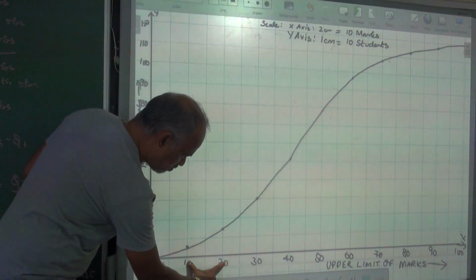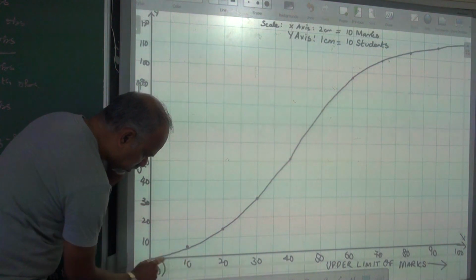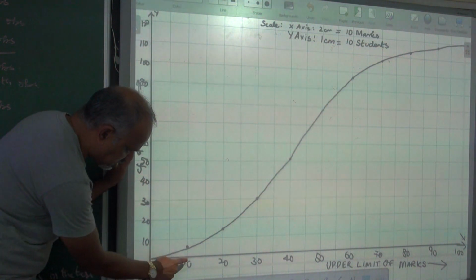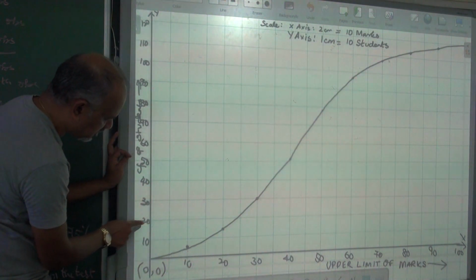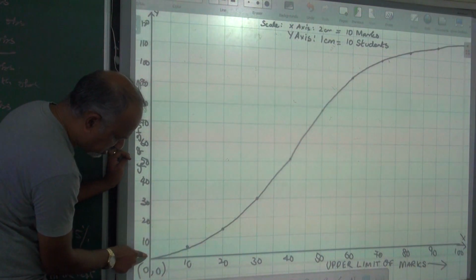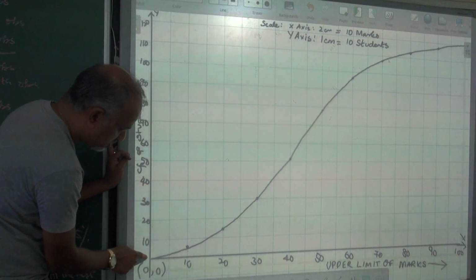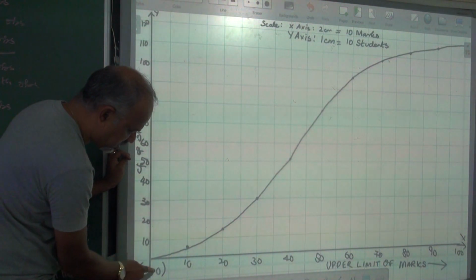If you see the difference between 10 and 20, that's 10. So if this is 10, this must be 10 less. So that means that's 0. X value is 0. On the y-axis, the difference between these values is 10. So if this is 10, this also must be 0. So the meeting point here is 0, 0.